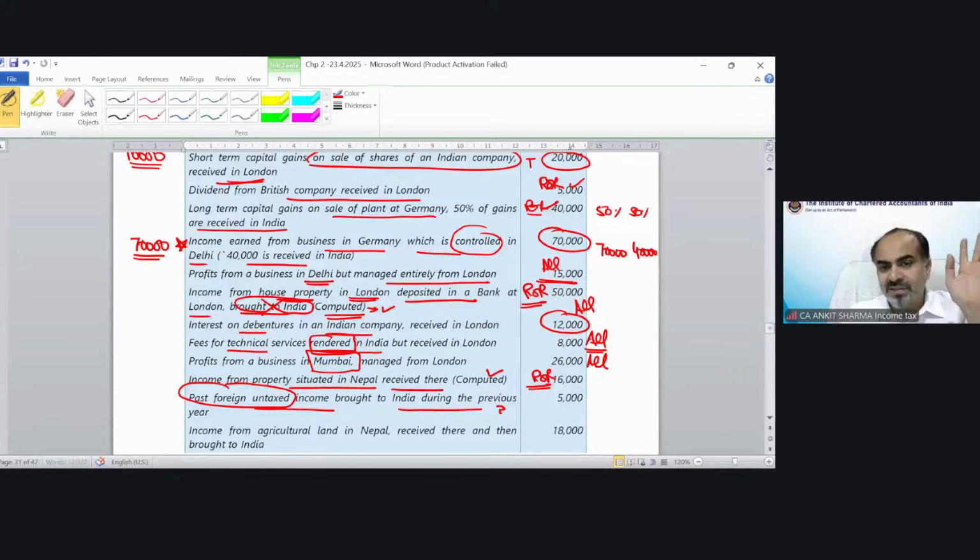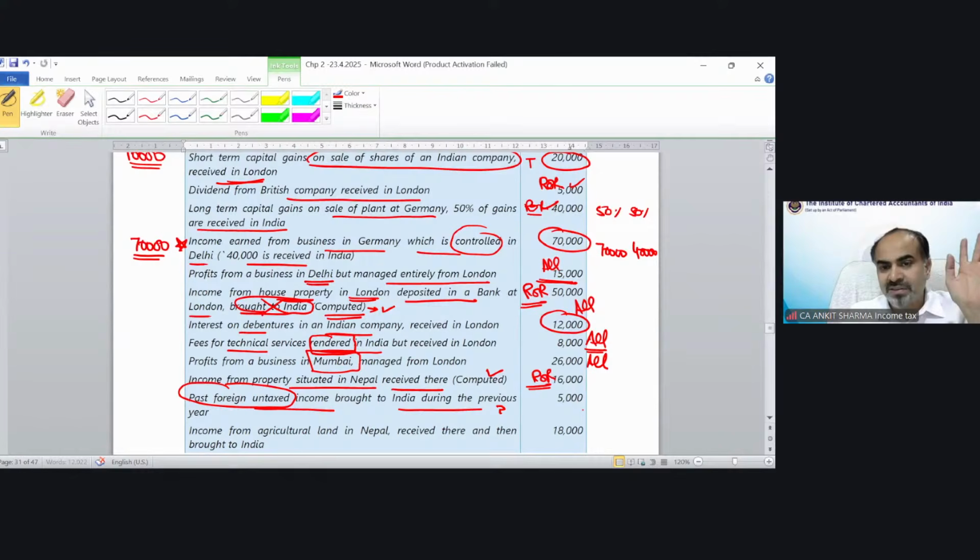How much amount is received in India, how much is brought into India, all is irrelevant. If the words past untaxed foreign income or earlier year or preceding year income are used, other information is irrelevant at all.